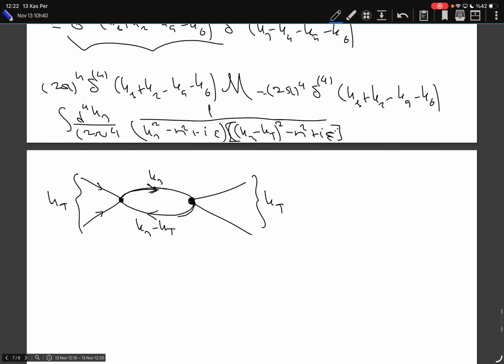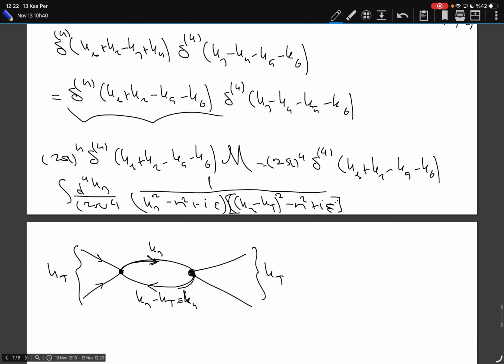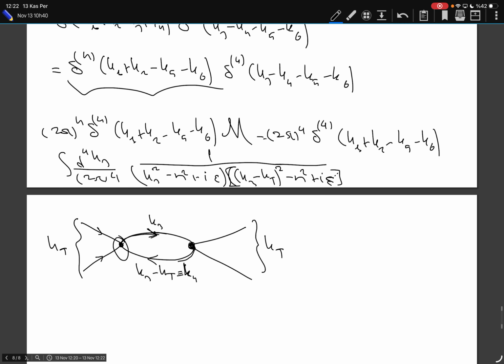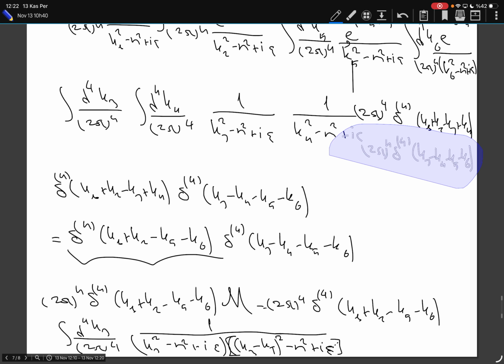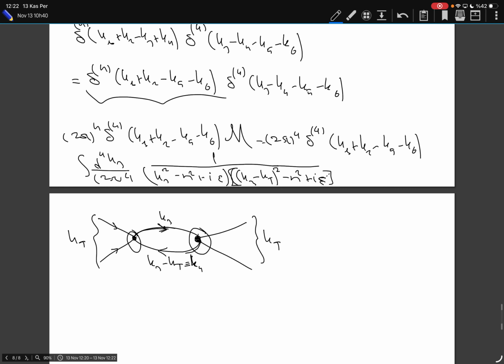At this vertex, you see this was k4. One of these Dirac deltas, this one, forces momentum conservation at this vertex, and this Dirac delta forces momentum conservation at the other vertex. I impose momentum conservation at each vertex, and then I integrate over all the internal momenta.